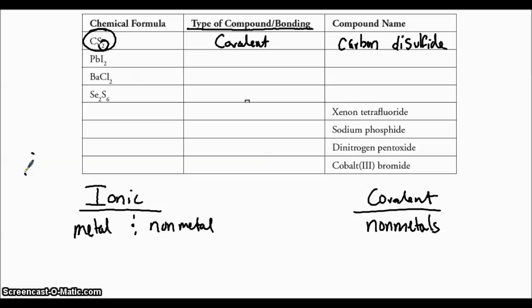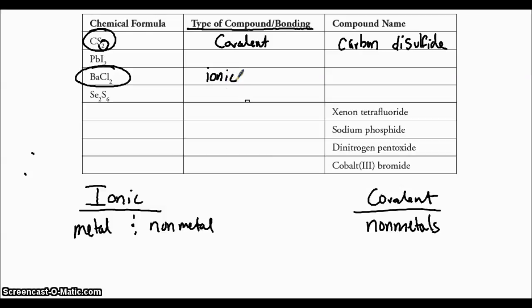But this next one you may have forgotten about. So let's skip the PBI and go to BaCl2. Well, the type of compound is ionic, because I have a metal and a nonmetal.